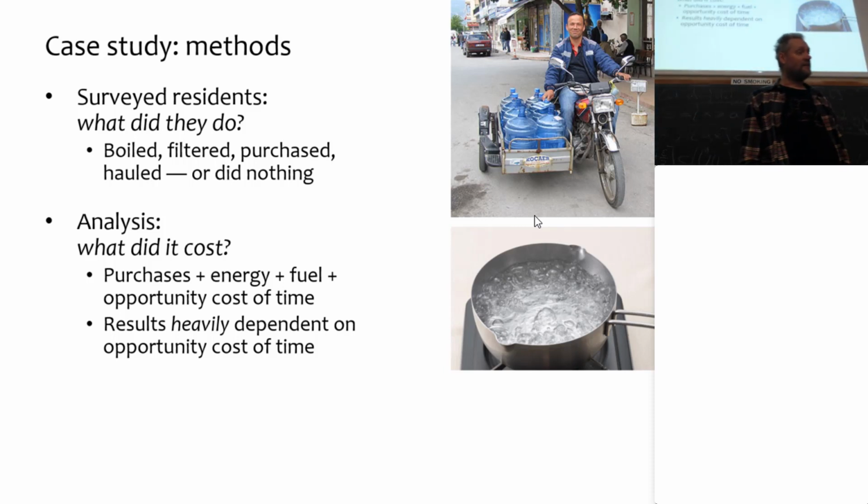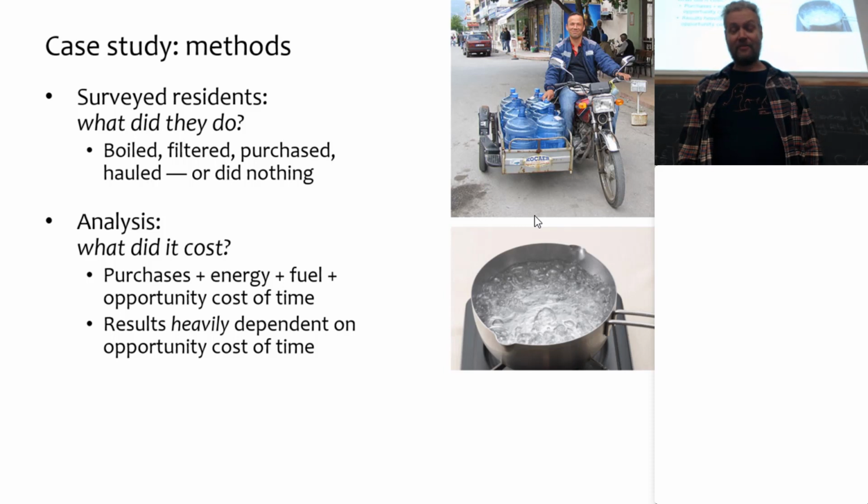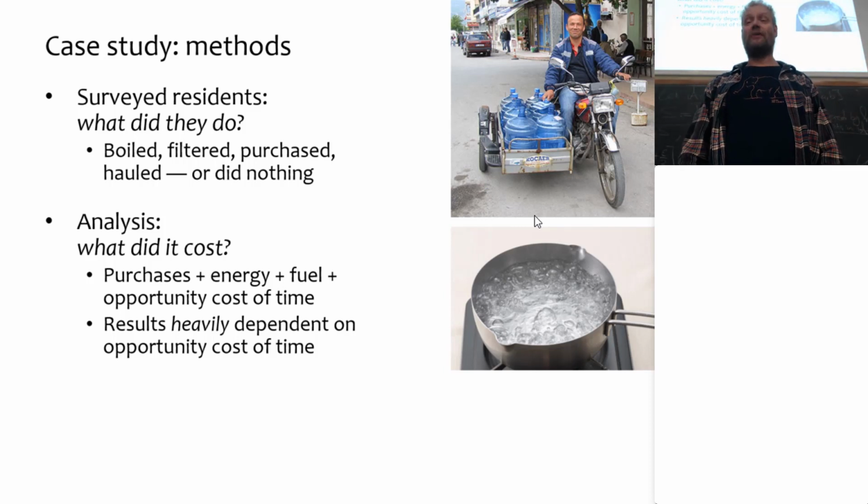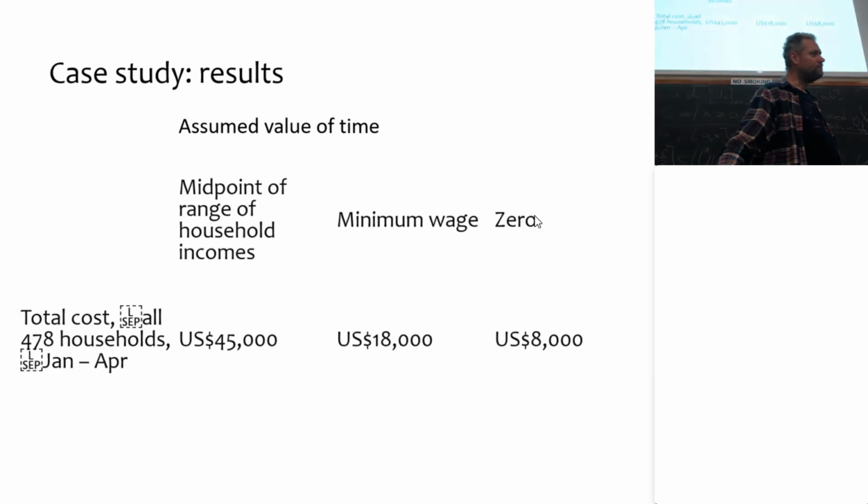Now this is Pennsylvania, a relatively large, relatively rich part of the world, and it turned out that the results were completely and utterly driven by what you assume about the opportunity cost of time.